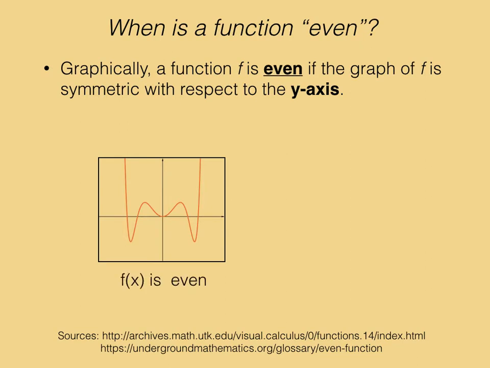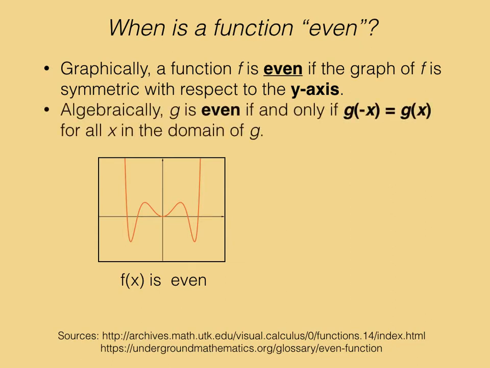Now, algebraically, we can say that a function g is even if and only if g of negative x is the same thing as g of x. So here's an example. g of x equals negative 4x squared plus 1. Now we'll determine g of negative x by substituting negative x in place of x.